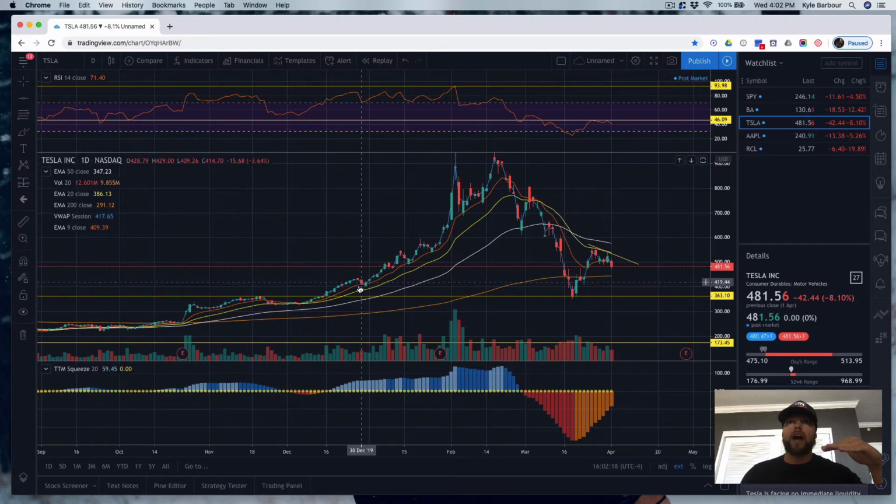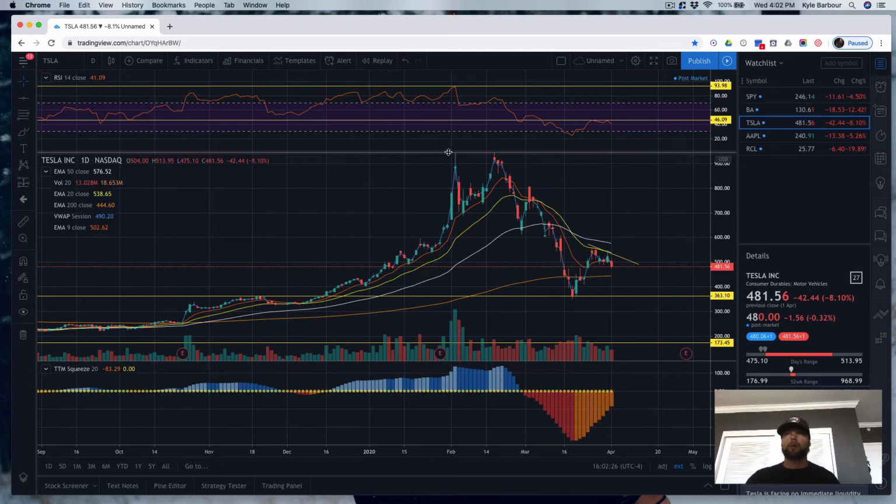You could actually add on every one of these pullbacks, so they're really healthy pullbacks, and it just kept squeezing, and then eventually it got very, very far extended up here into the 970s, so that was actually a good place to get out, right? It's too far up, and then we saw a huge break to the downside, and that was when the RSI was 97.